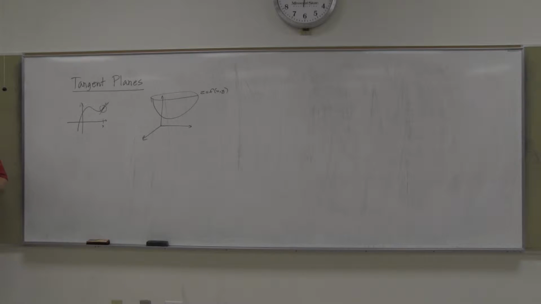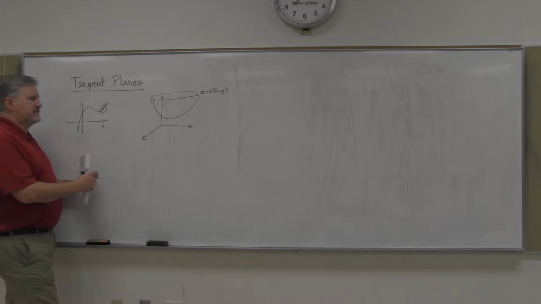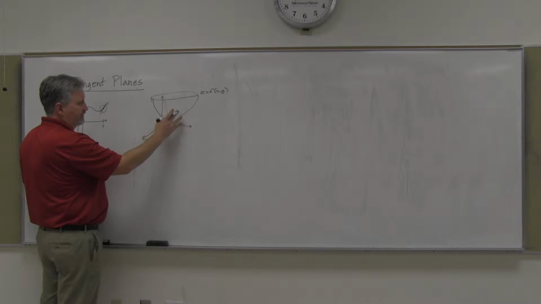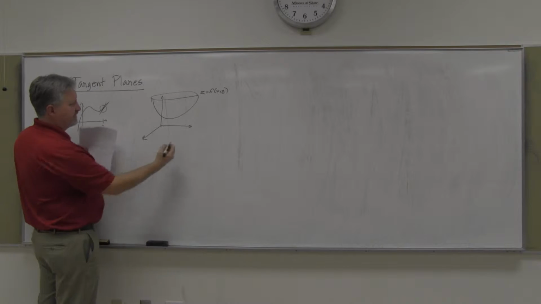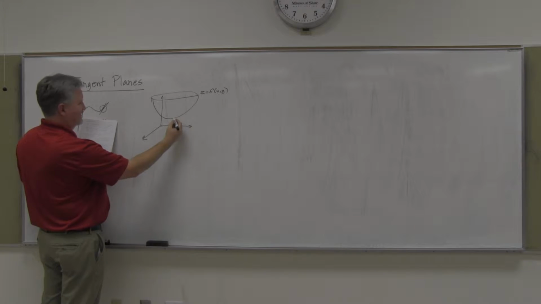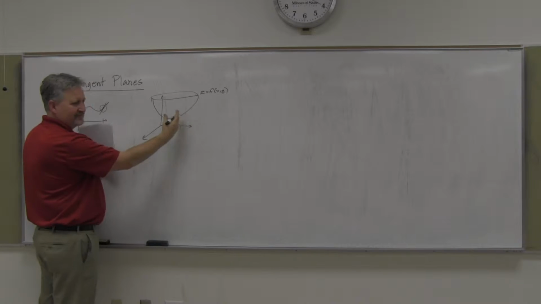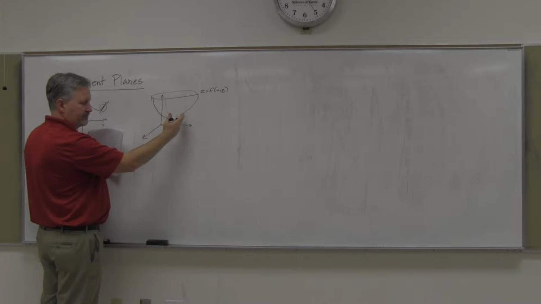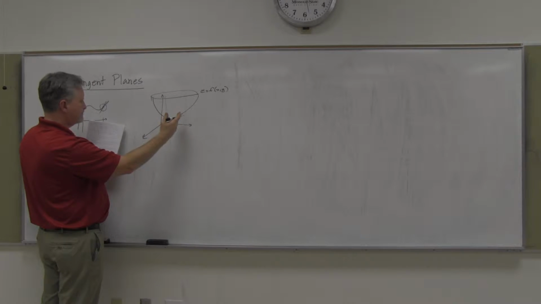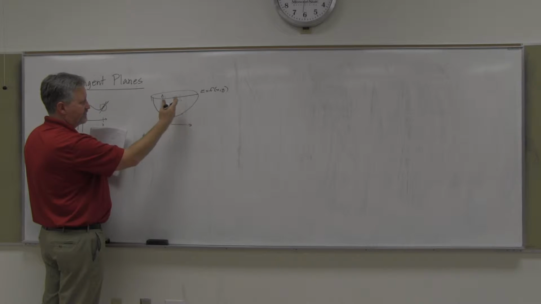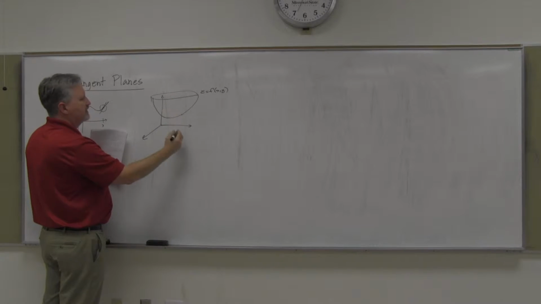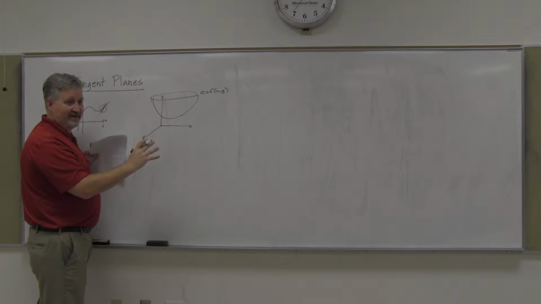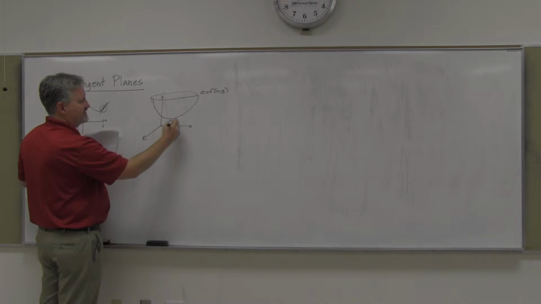I get tangent lines in particular ways there, but what I can talk about is, say I pick a point, on the bottom side here, which we'll call x0, y0, z0. You can talk about a tangent plane at that particular point. Tangent plane.